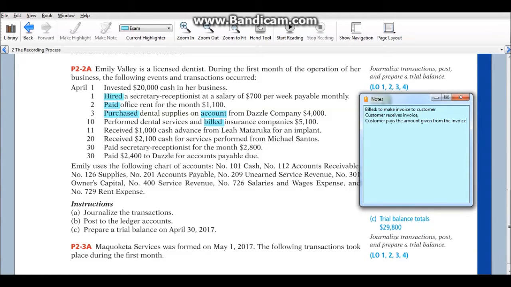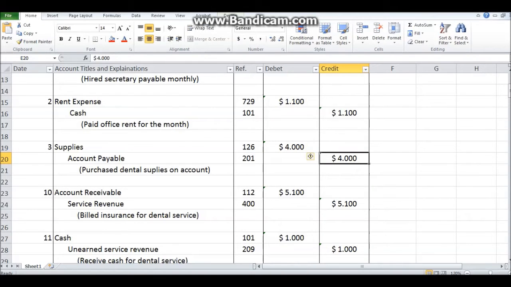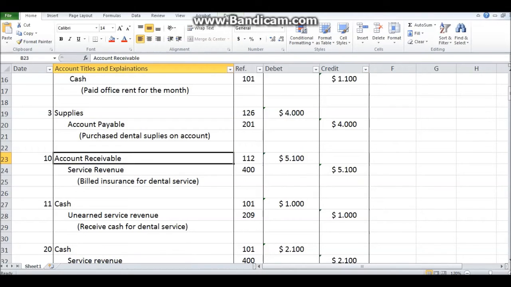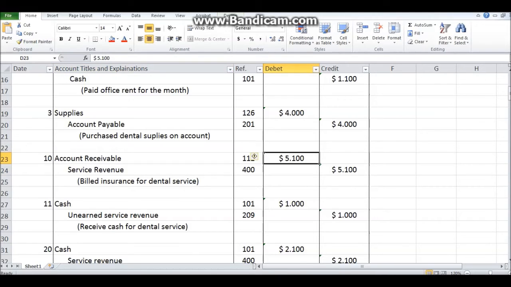The company bills, that is, makes an invoice to the customer. The customer receives the invoice, then the customer pays the amount given from the invoice. All right, so billed doesn't mean that the customer has paid yet. Thus, the transaction would be account receivable on debit and service revenue on credit, 5,100 each.